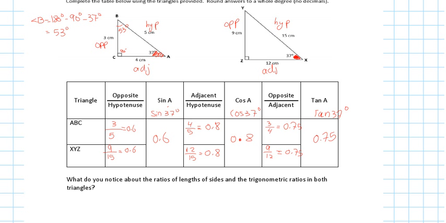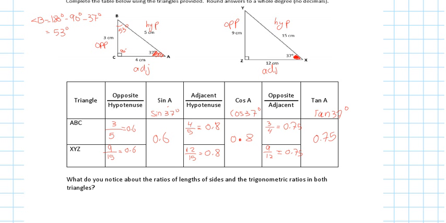But no matter what I did, as long as I take the ratio of the opposite over the adjacent, or the opposite over the hypotenuse, or the adjacent over the hypotenuse, I ended up with the same answer for both triangles.